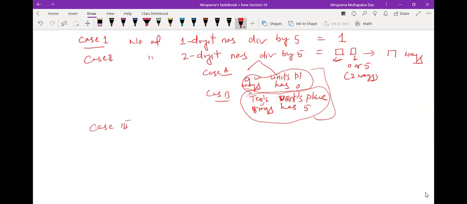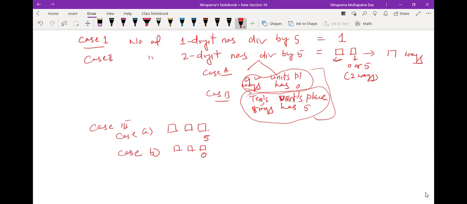Case 3 is 3-digit numbers. So 3-digit numbers divisible by 5. Here you can have 5, case A. Again here you have 0, case B. Basically sub cases.